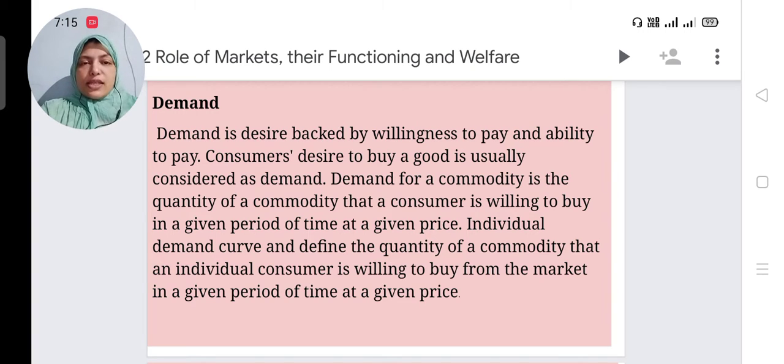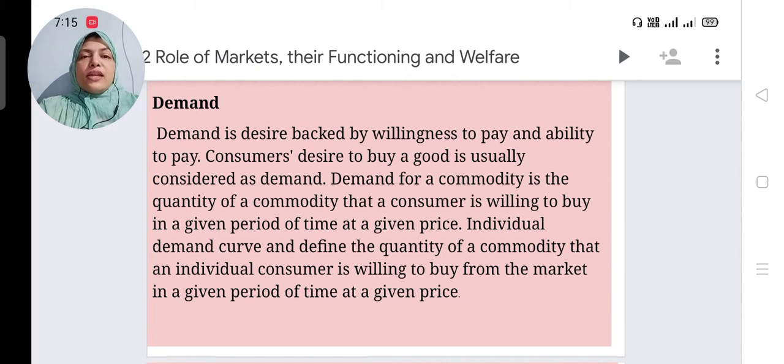Consumers desire to buy a good is usually considered as demand.